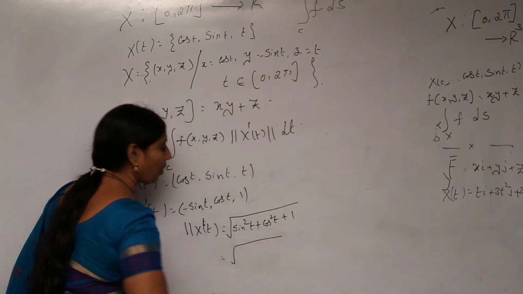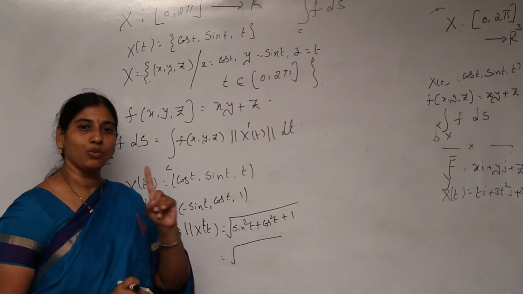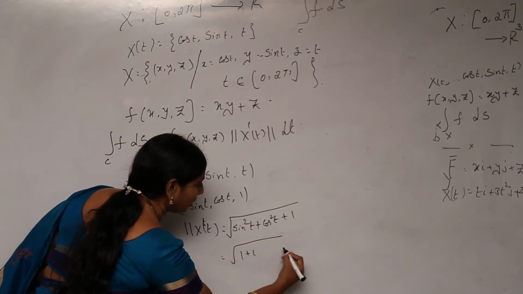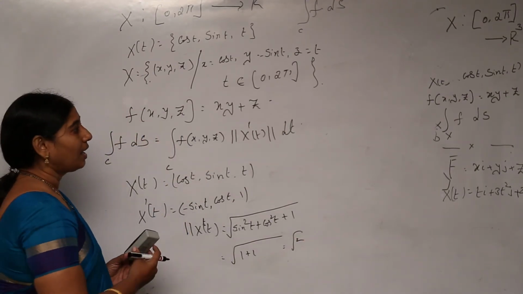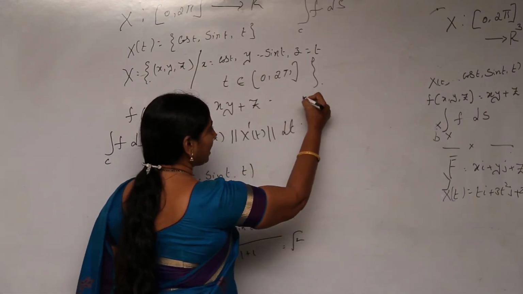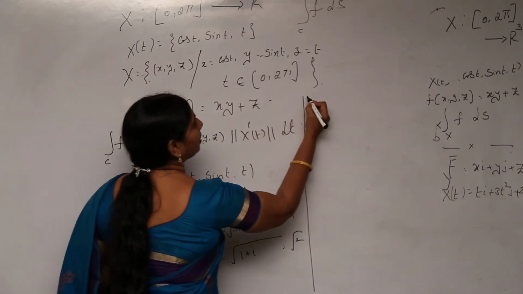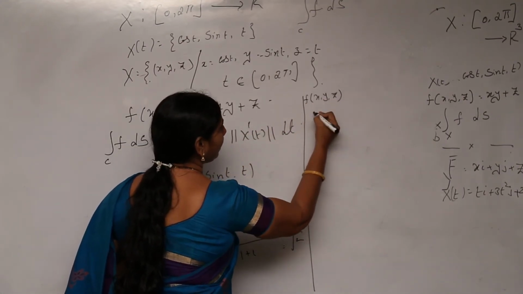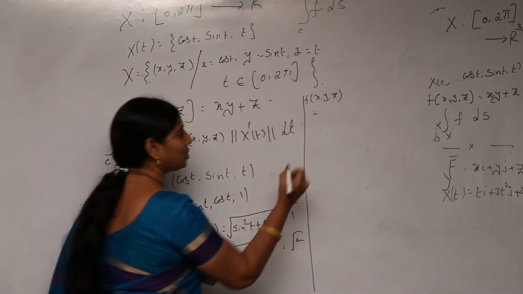We know from trigonometric results that sin squared t plus cos squared t is 1, so this is 1 plus 1, which is root 2. Now let's compute our integral. Our function f of x, y, z is xy plus z.